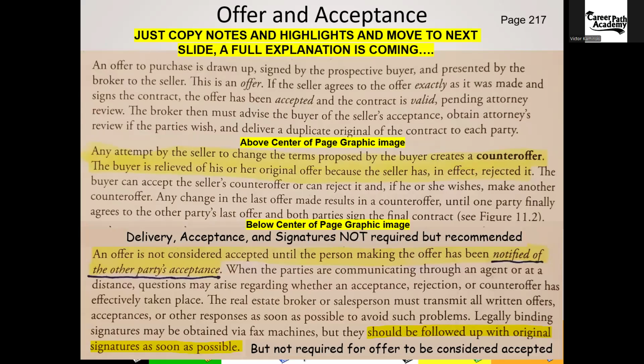Now this is the bottom of page 216, at least the first two lines of this is, and then the rest of this is on page 217. So this is like the second paragraph on page 217 here. Let me make a little note to that in this slideshow. Offer and acceptance.